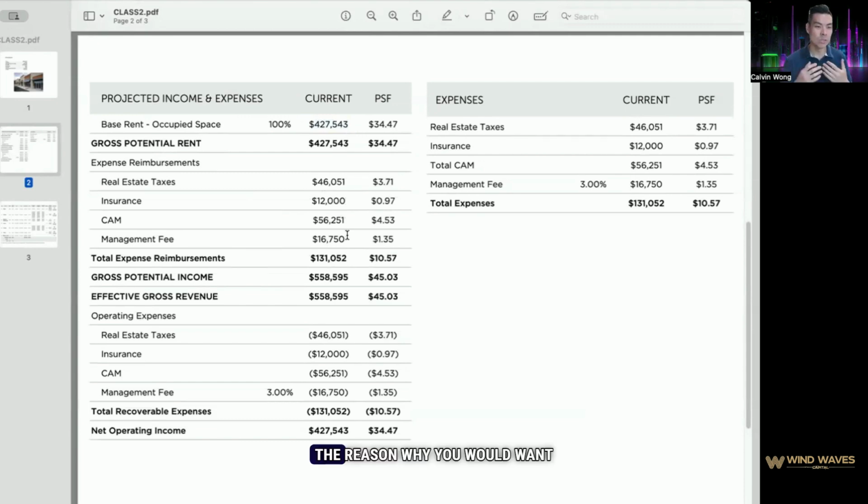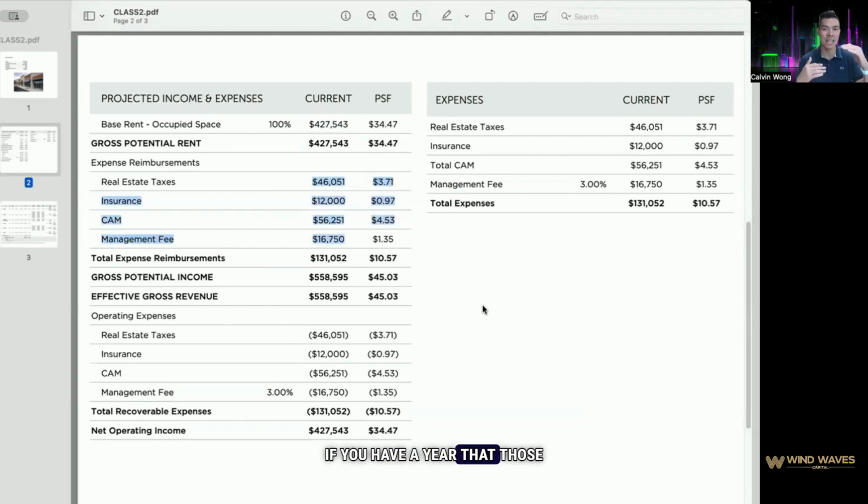The reason you want to make sure it's a triple net lease is for your own benefit. We all know real estate taxes, insurance, and all the expenses go up every year. Because it's a triple net lease, it all passes through to the tenant and you get reimbursed, so your net income stays protected. It's not going to eat into your net income. For example, with a single family rental, your rent has to cover those taxes and expenses.